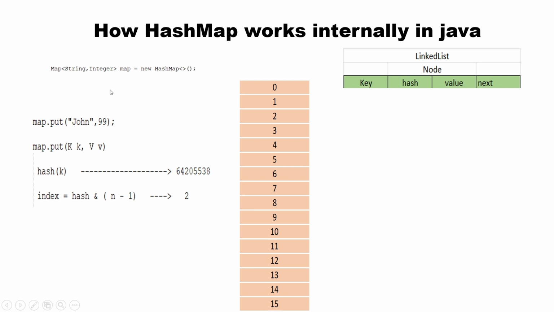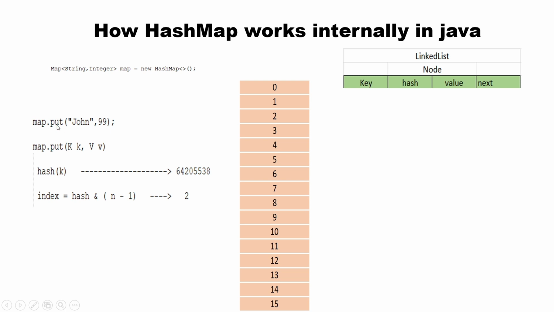Let's consider an example. When you create an object of HashMap and put the first entry, let's consider you are passing the key as John and value as 99.